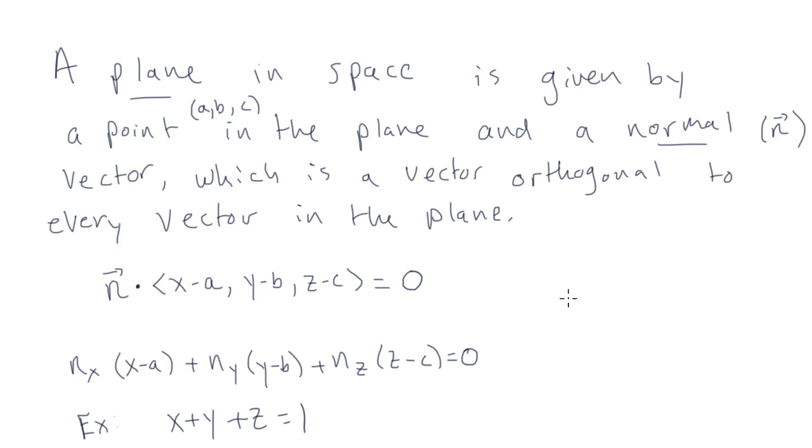So if we have a plane, of course, it extends out infinitely in every direction. Then I can have my point a, b, c, and then I have some other point x, y, z, and I'm letting this be any point for now.